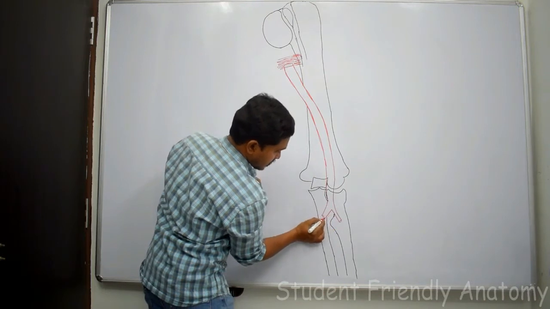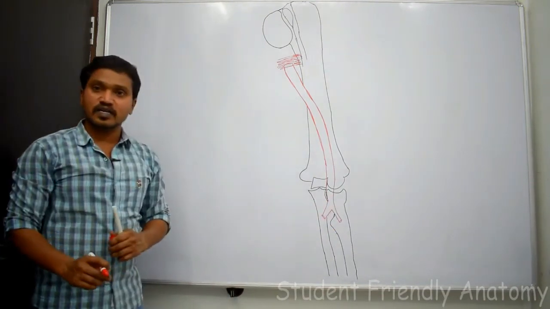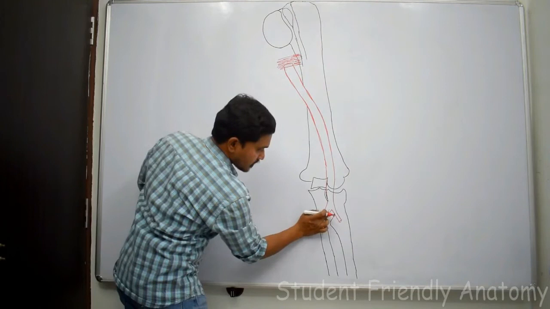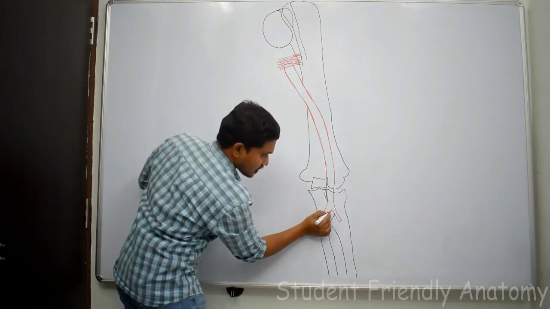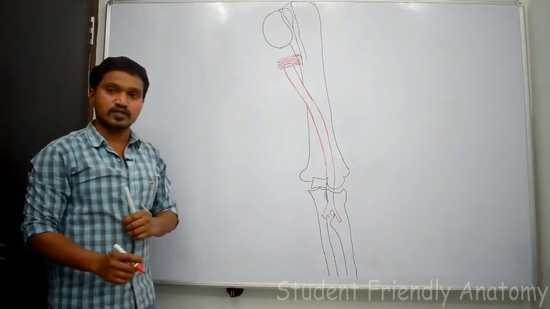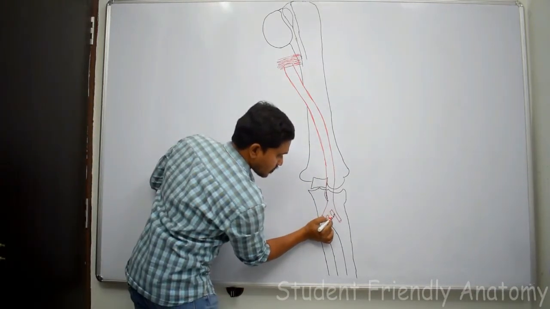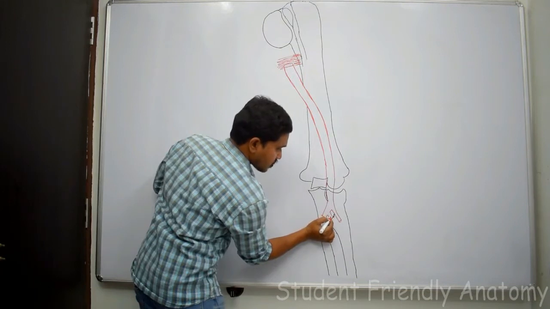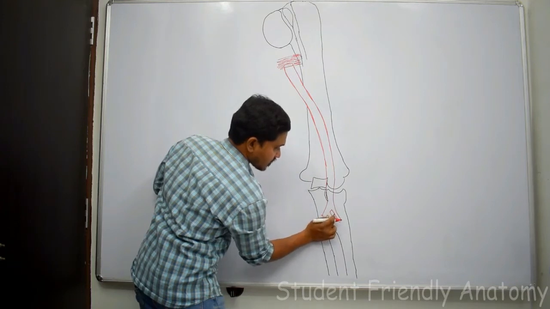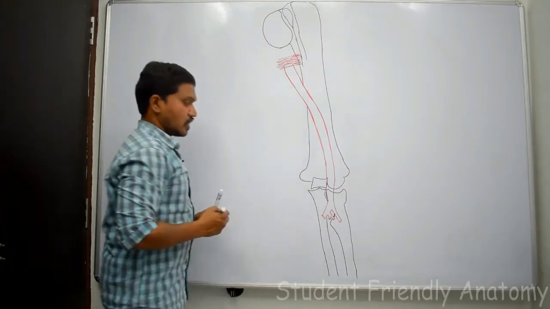The ulnar artery will give one branch here, that is the interosseous artery. This interosseous artery further divides into anterior interosseous and posterior interosseous. This is the anterior interosseous artery and this is the posterior interosseous artery.